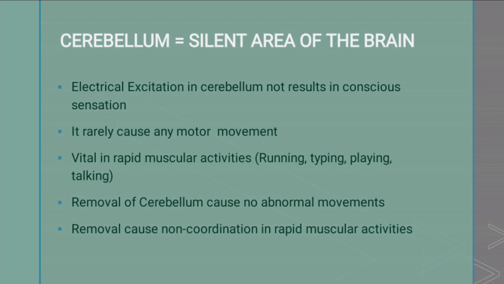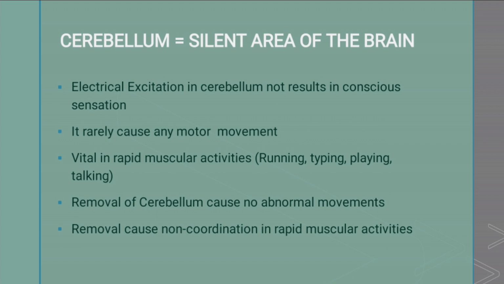In such cases, the cerebellum plays a very vital role, and the removal of the cerebellum causes no abnormal movement. Suppose somebody's cerebellum is removed, there are no abnormal movements, but there is some trouble or non-coordination in the rapid muscular activities. That means the running is not blocked, but the coordination of the running will be affected.